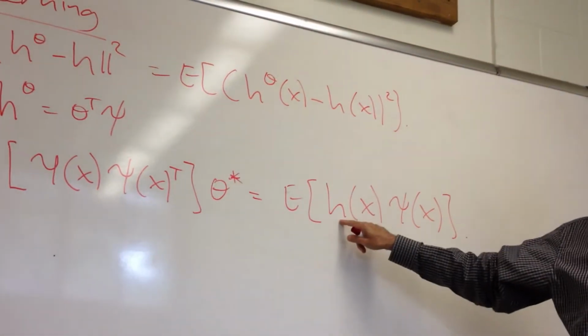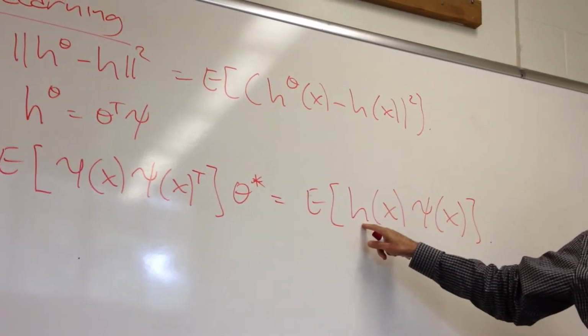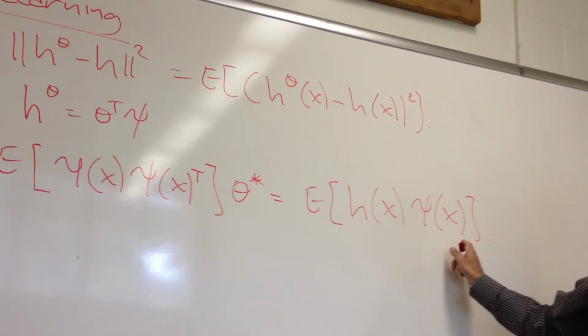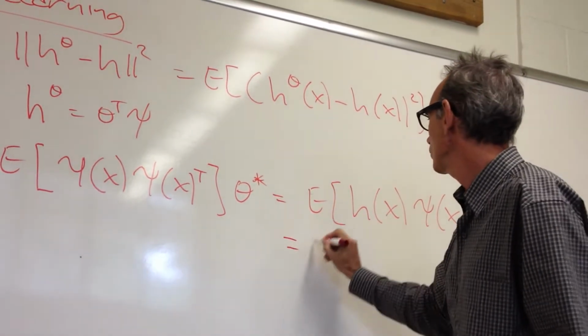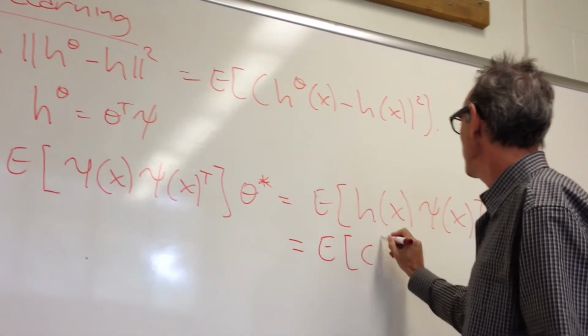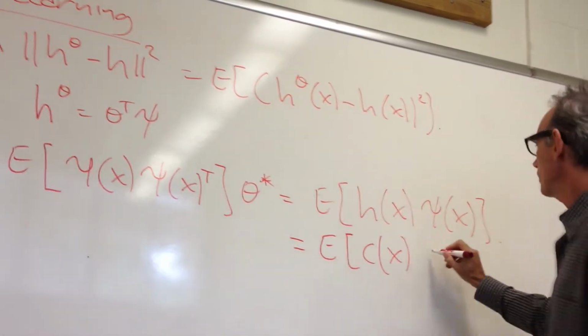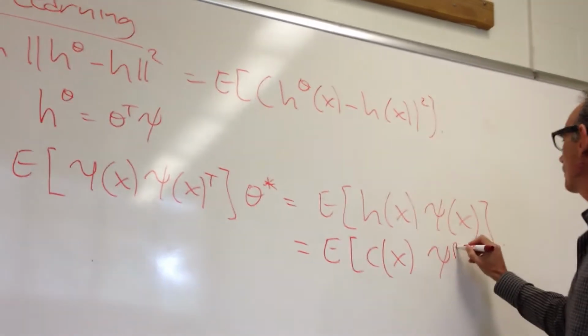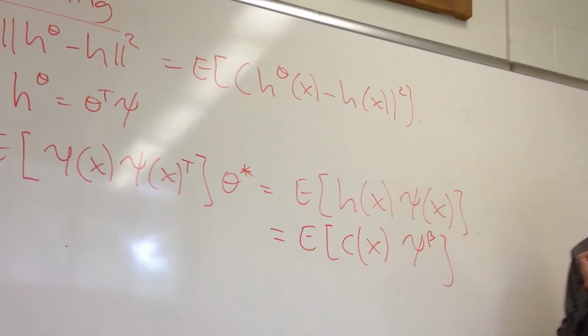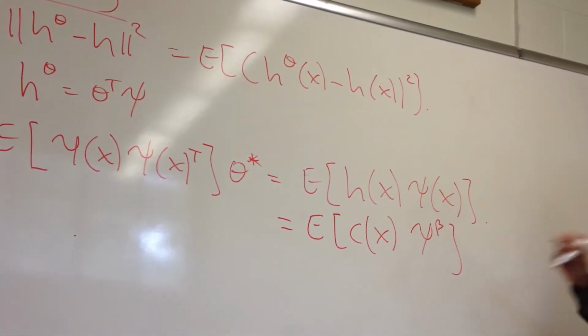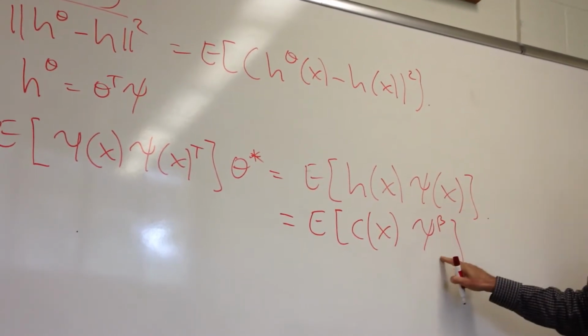The problem was that h is the thing we don't know, so you have to write this in a different form. So what we showed was that this is equal to the expectation of c of x times what I called psi beta. And psi beta was taking this and passing it through a low-pass filter.